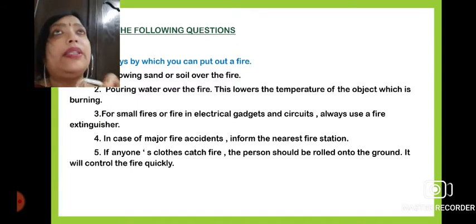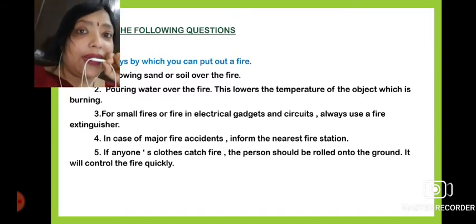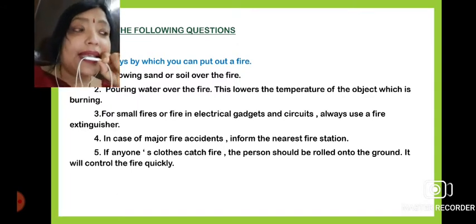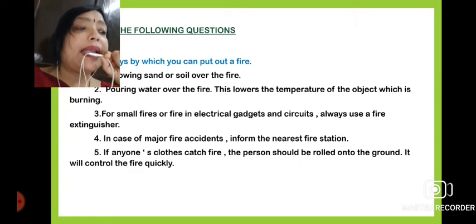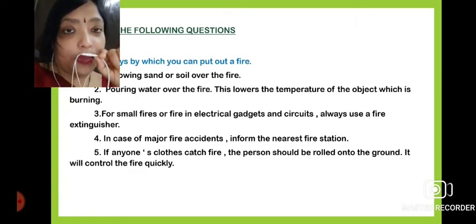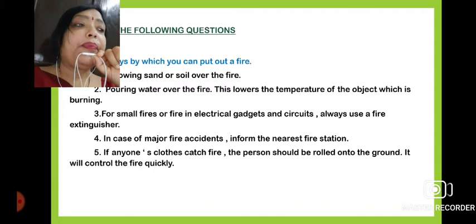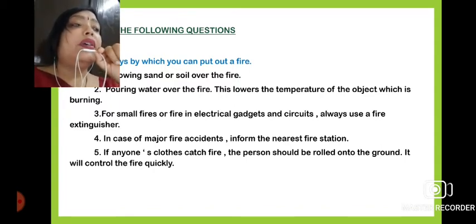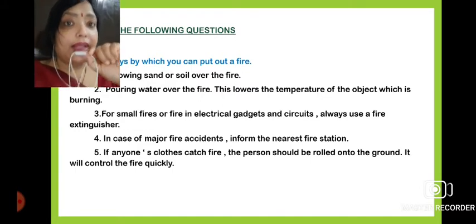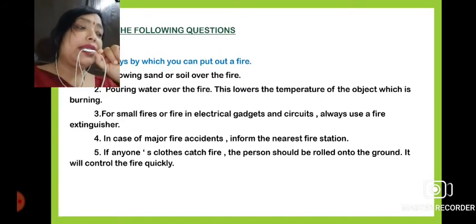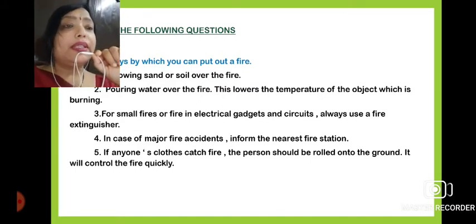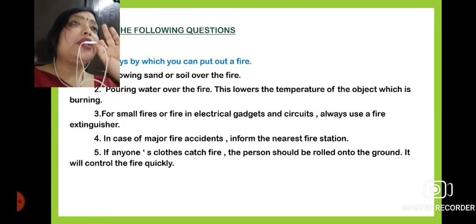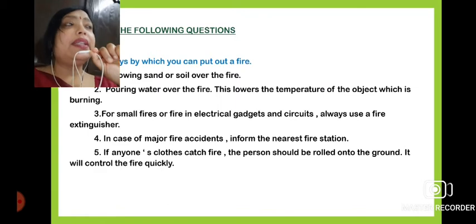Pouring water has an advantage, that is, it helps to reduce the temperature of the object which is burning. Then for a small fire, or maybe a fire which has come out due to an electrical circuit, we should use the fire extinguisher. I hope all of you have seen the fire extinguisher machine.